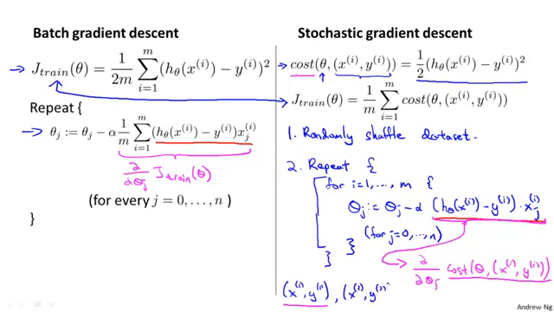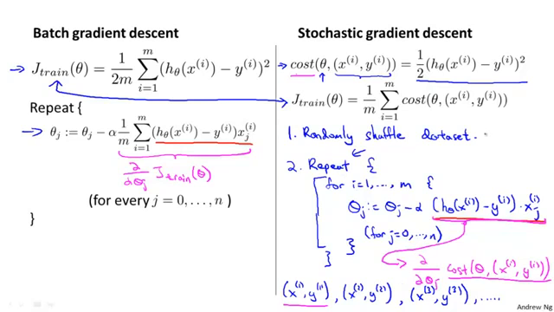And what it's going to do there is take another little step in parameter space, so modify the parameters just a little bit to try to fit just the second training example a little bit better. Having done that, it is then going to go on to my third training example and modify the parameters to try to fit just the third training example a little bit better, and so on until it gets through the entire training set. And then this outer repeat loop may cause it to take multiple passes over the entire training set.